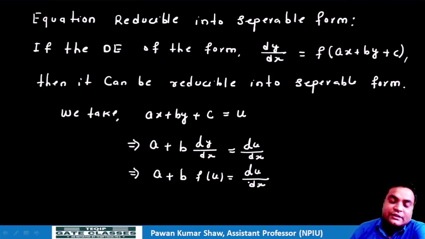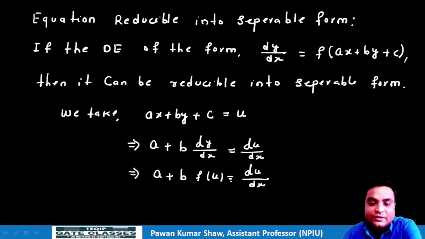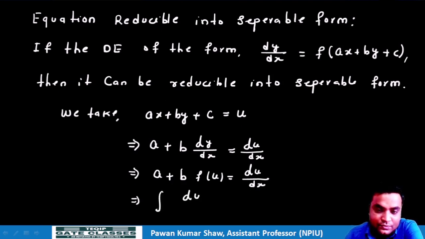Now you can see that we can separate the variables in x and in u. See, this left hand side, a plus b into function of u, the whole thing is a function of our u. So we can write this as the integration of du divided by a plus b into f of u, and what remains is our dx.